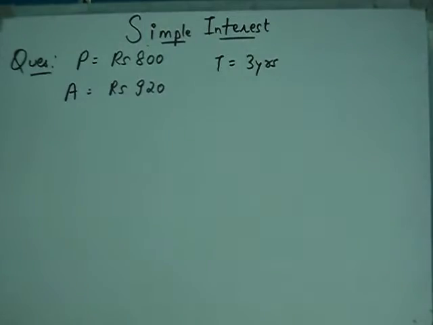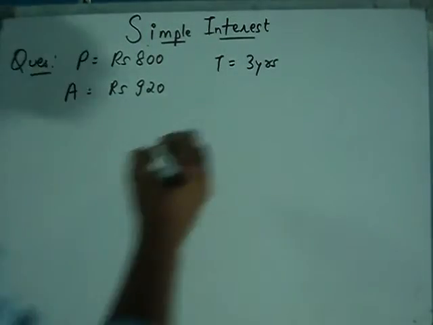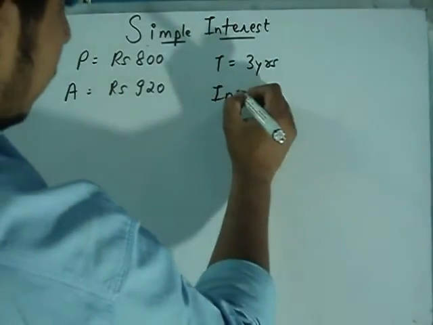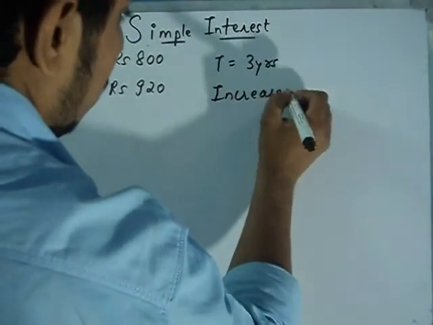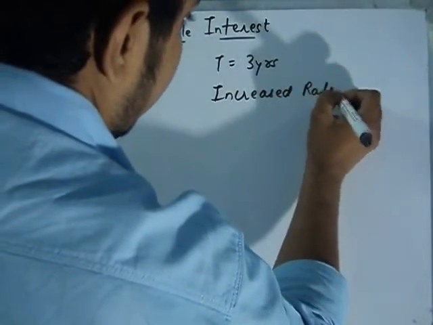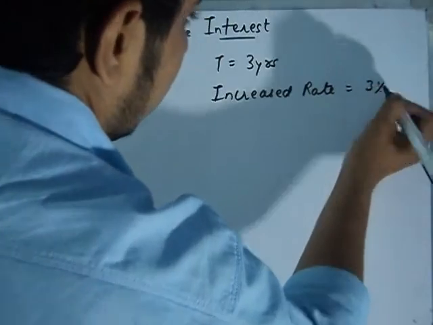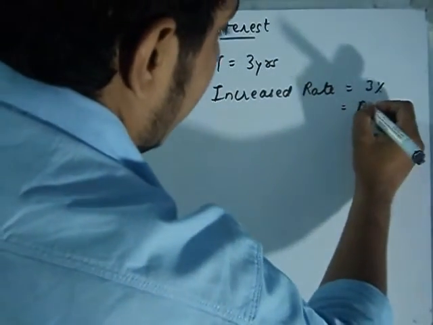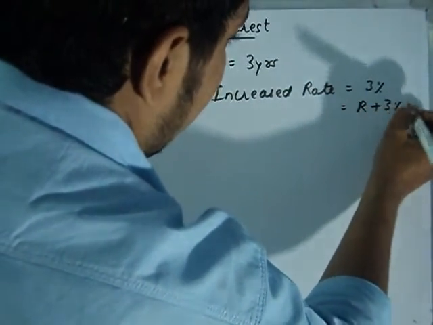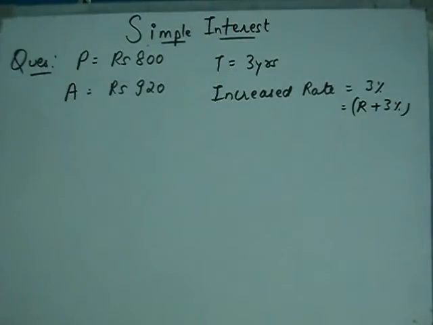If the rate of interest is increased by 3%, meaning the actual rate will be R plus 3%, then what would be the amount?